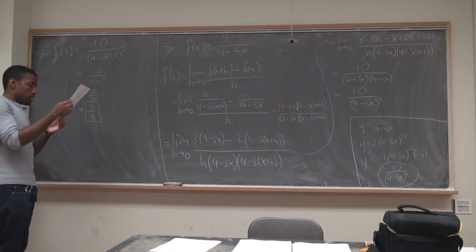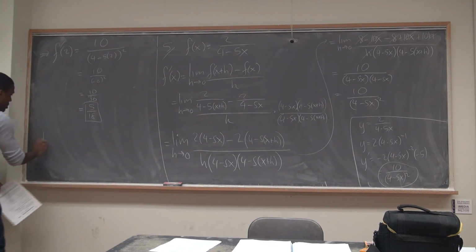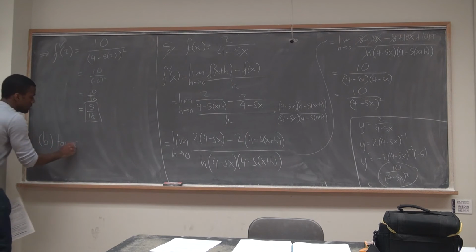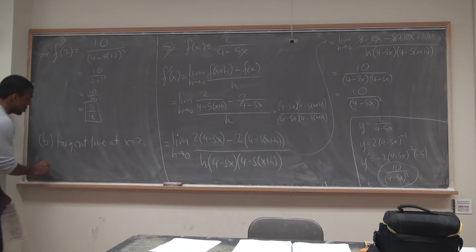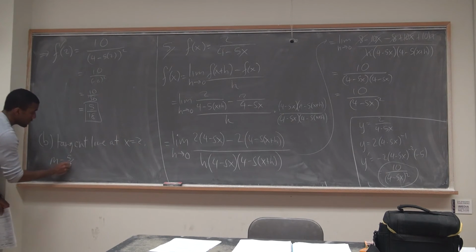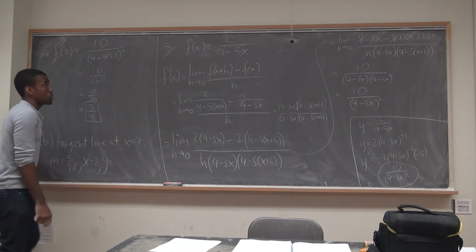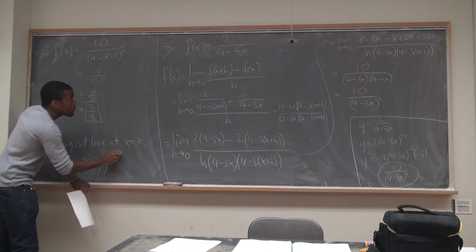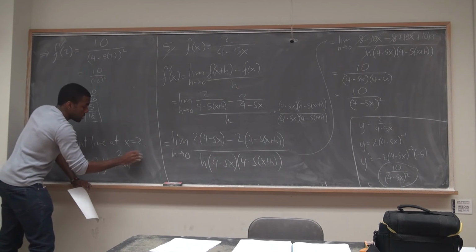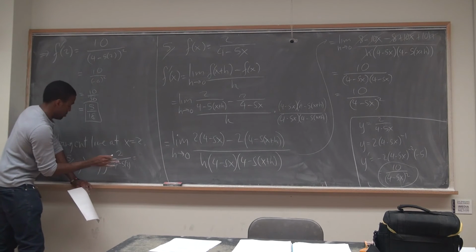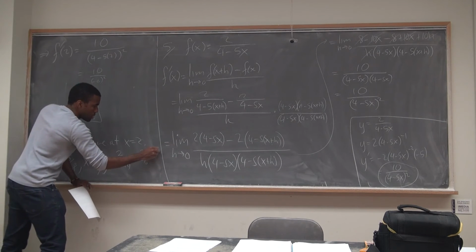Use the result of part A to find the tangent line to the curve at the point x equals 2. So this is part B. Tangent line at x equals 2. So I know that my m is 5/18. I know that my x is 2. And then my y is just going to be that formula where I plug in x equals 2. 4 minus 5 times 2, which gives me minus 6 in the bottom, which is minus a third.